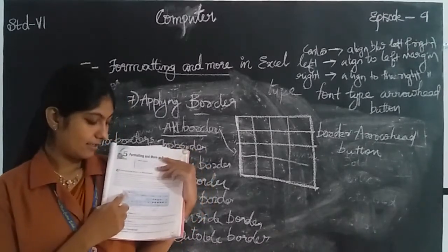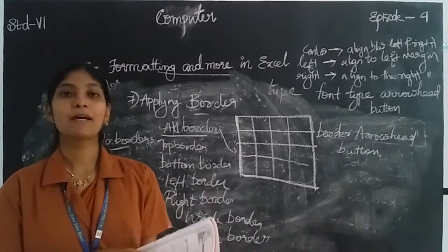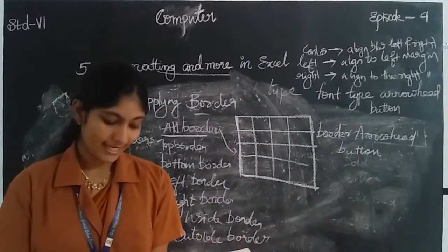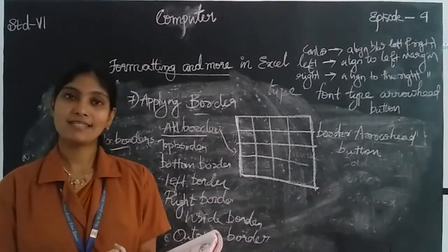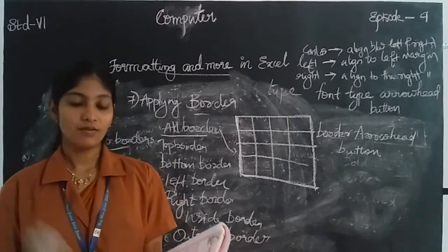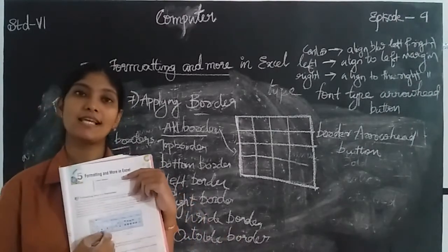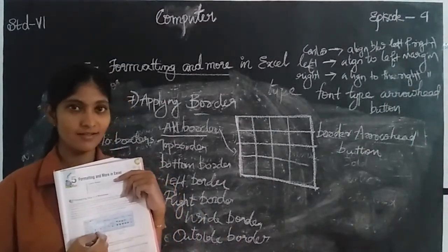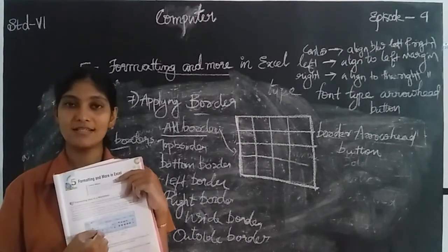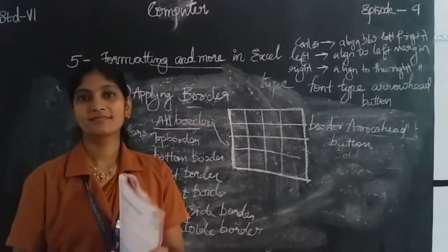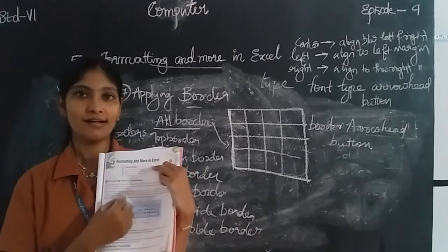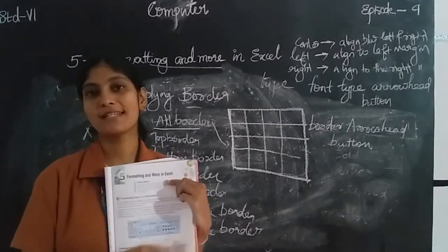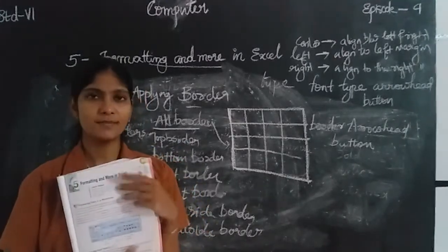It contains many tabs: Home tab, Insert tab, Page layout, Formulas, Data, Review, etc. Then font type means you can select the font type from here. So you can change it to the next type or your suitable type.